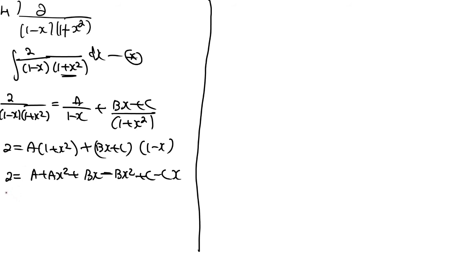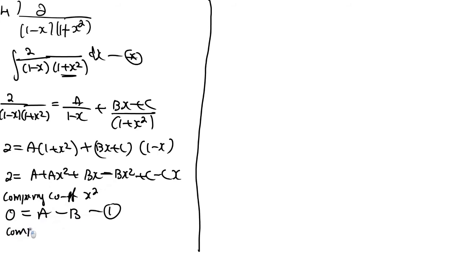Now go for the comparison method, comparing coefficient of x square. If you compare coefficient of x square, left hand side is 0, right hand side is a and minus b, take it as equation 1.